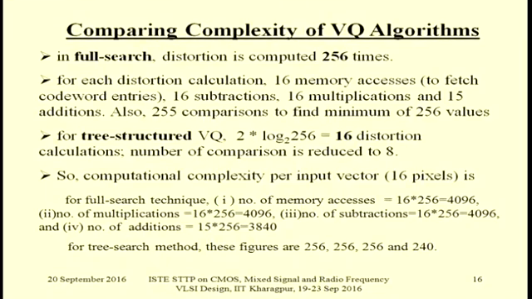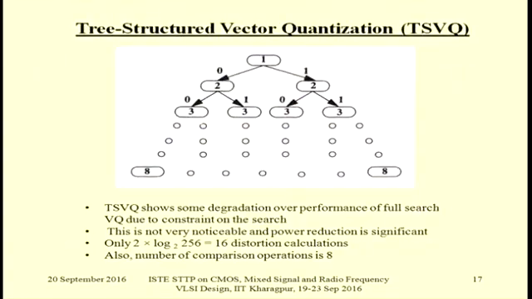Now, for vector quantization, it is possible to go for a limited number of comparisons, that means by tree search. So what is that? Let us show by means of a simple structure. Basically, for the input vector, we think of a tree search.